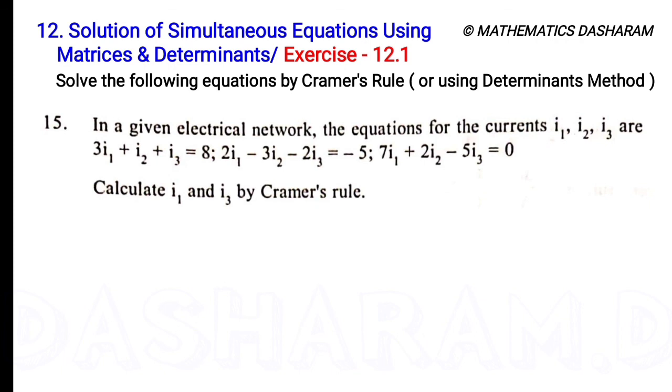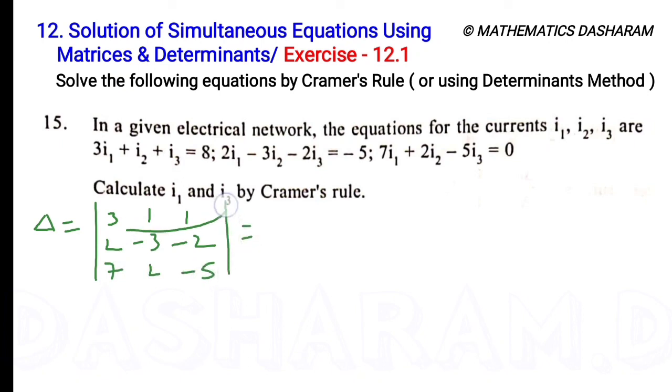So let's apply Cramer's rule. First we need to find the delta matrix. The delta matrix means the coefficients of the first equation 3, 1, 1, the coefficients of the second equation 2, minus 3, minus 2, and the coefficients of the third equation 7, 2, minus 5. Now find the determinant. Expand along the first row.